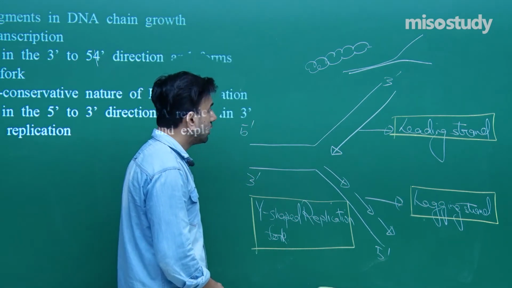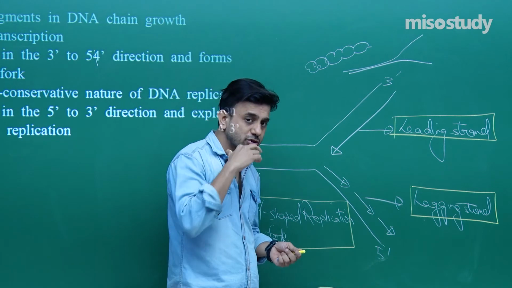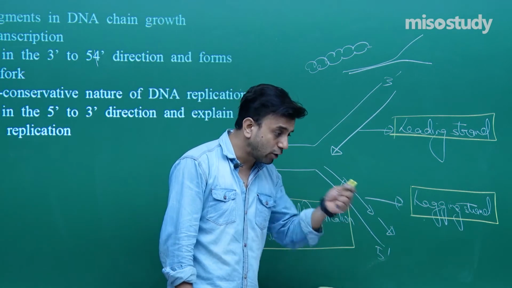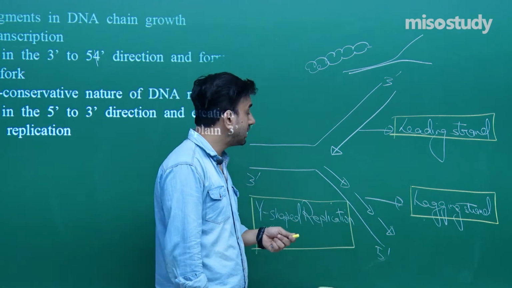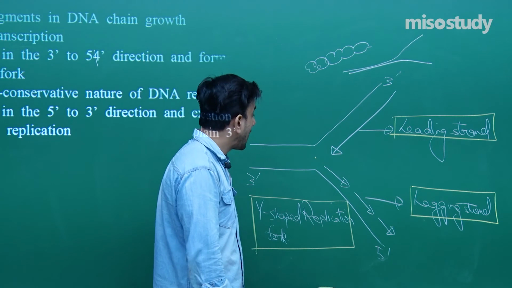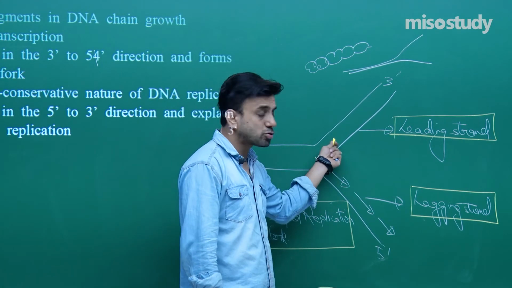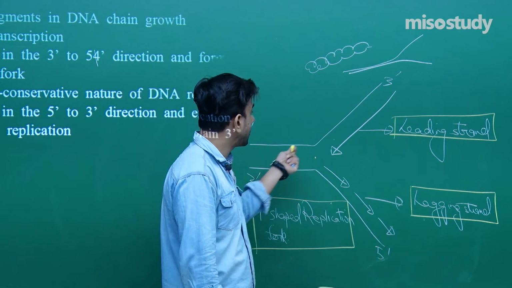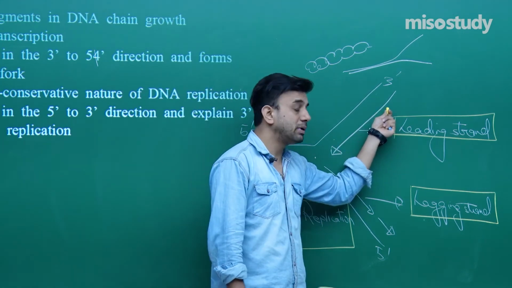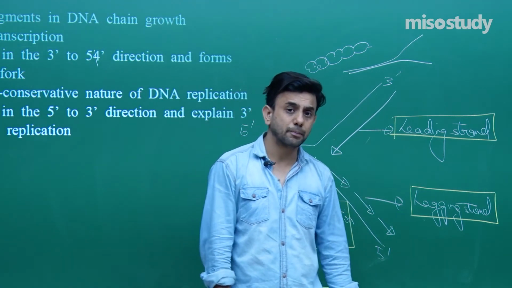First of all, with the help of an enzyme, DNA gyrase, which will unwind and open the helix up to a certain point, the two strands will be there. In this strand, the replication is continuous, and this strand is called the leading strand.